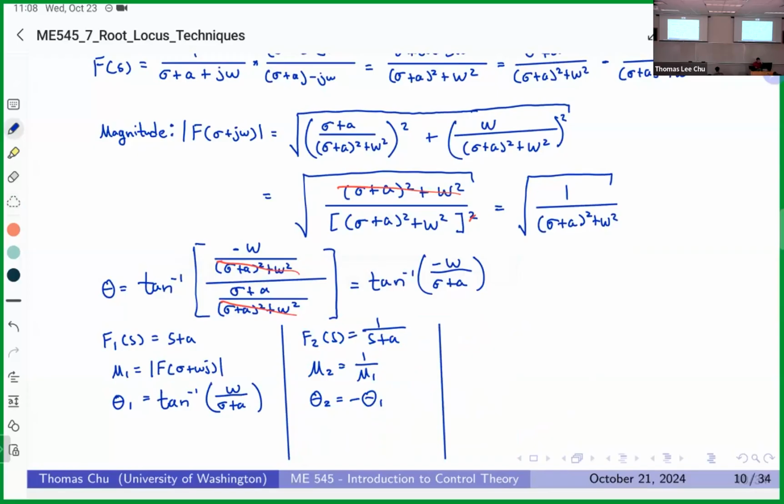I'm going ahead of myself because this goes into chapter 10. If I were to define a transfer function and call it S plus B over S plus A, and I were to find the magnitude of G evaluated at S equals j omega, right?